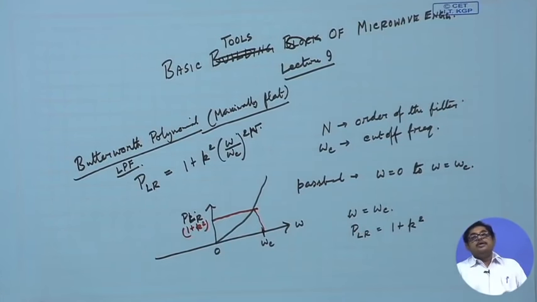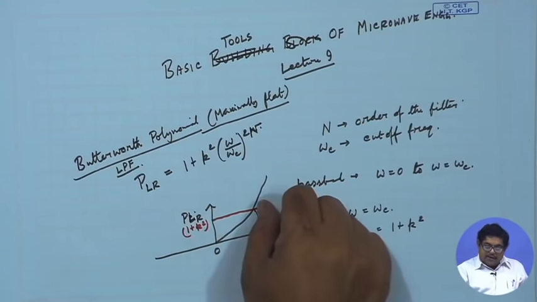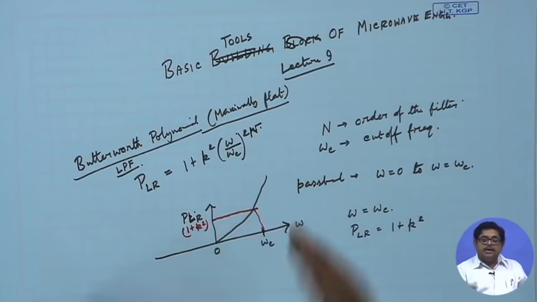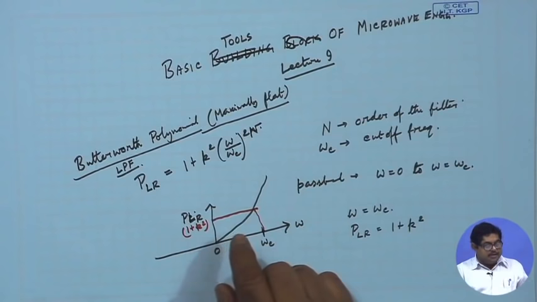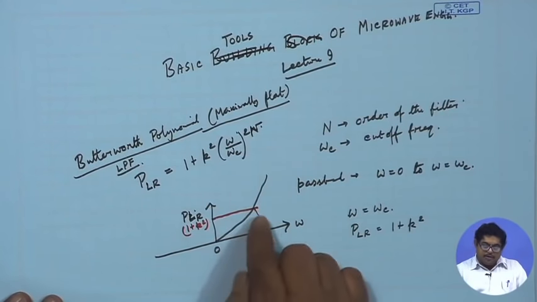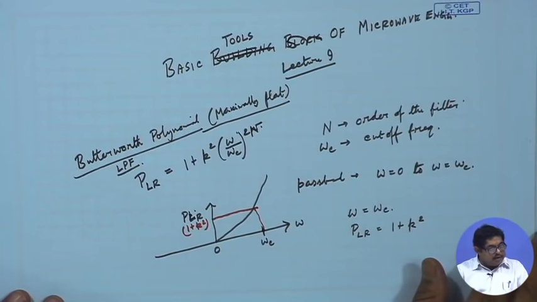Suppose I want no more than 3 dB attenuation or no more than 0.1 dB attenuation. I know that at omega equal to omega c, at cutoff in the pass band, the maximum attenuation takes place for the Butterworth polynomial, and that value is k square. From that I can always find k.